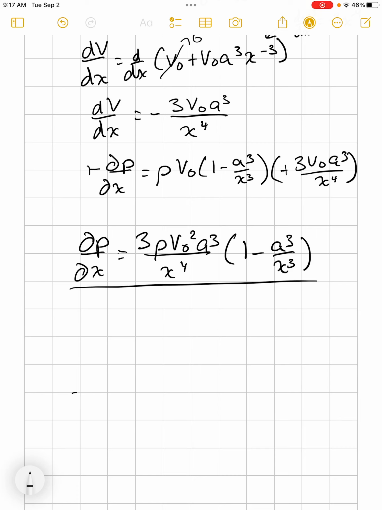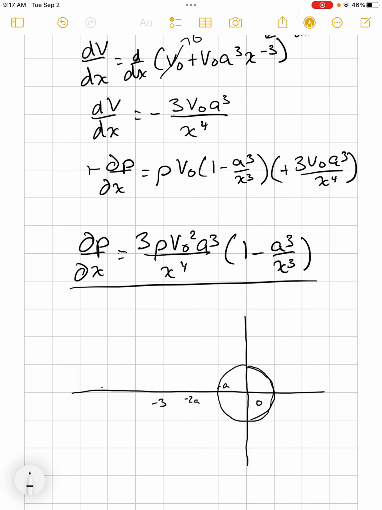If we want to look at it, we can draw a coordinate system here where this is 0. Our sphere, for instance, would be right here. So this position is going to be minus a, this will be minus 2a, minus 3a.